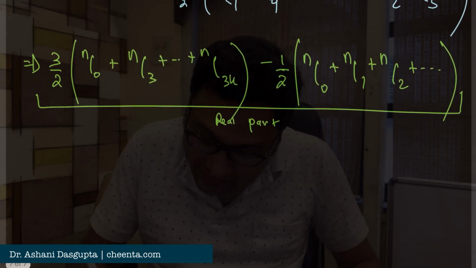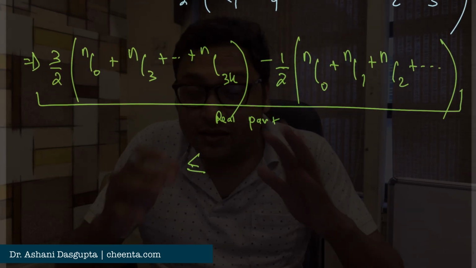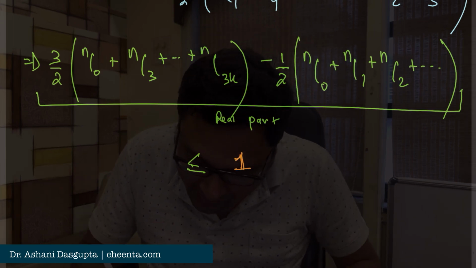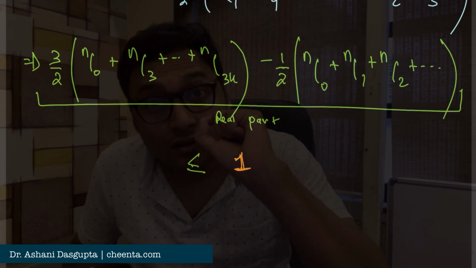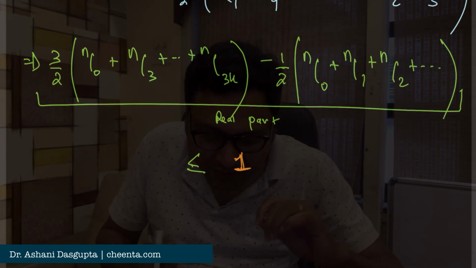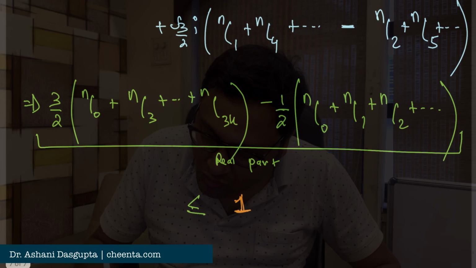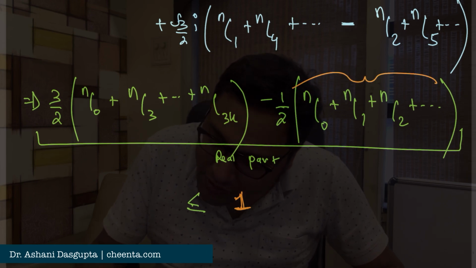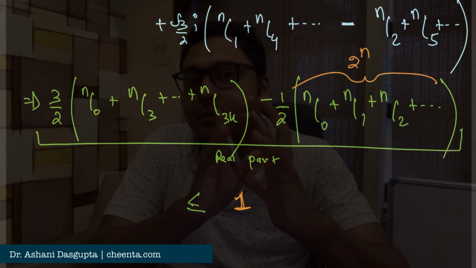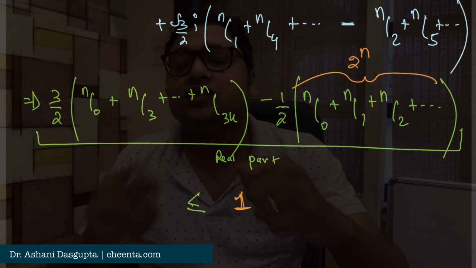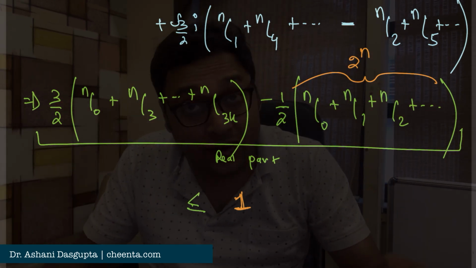And we know that it's less than or equal to the modulus, which is 1, the distance of it from the origin. So just multiply by 2 on both sides. And of course, notice that the sum of all binomial coefficients from n choose 0 to n choose n is simply 2 to the power n.